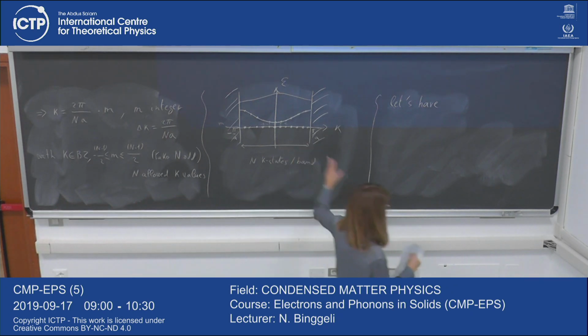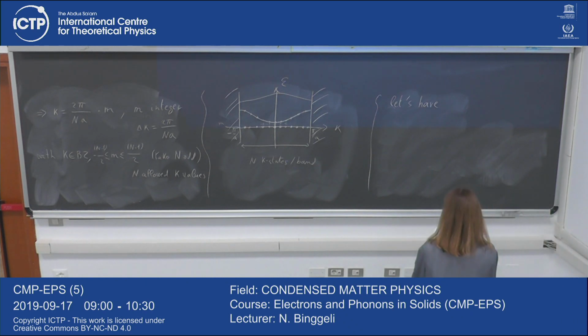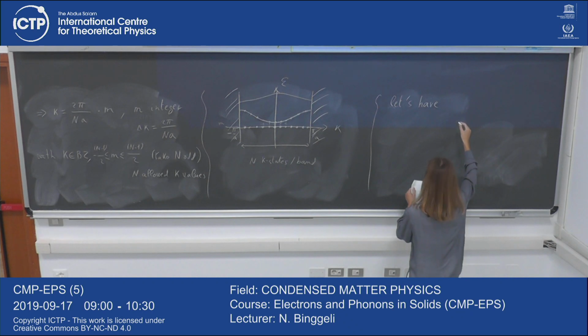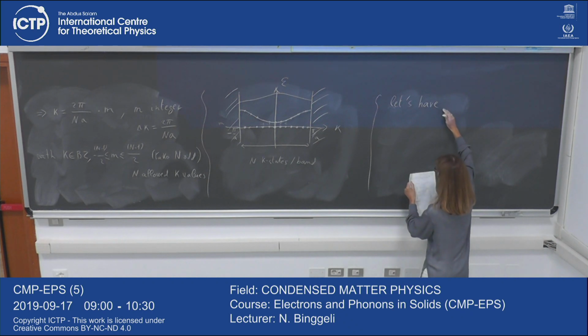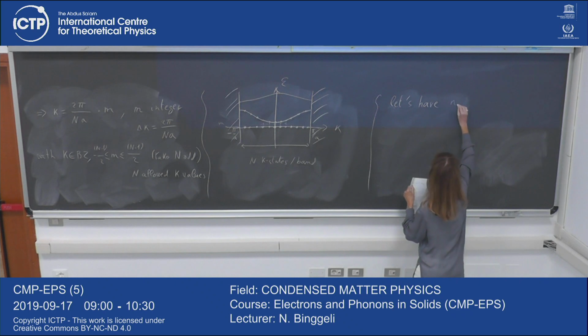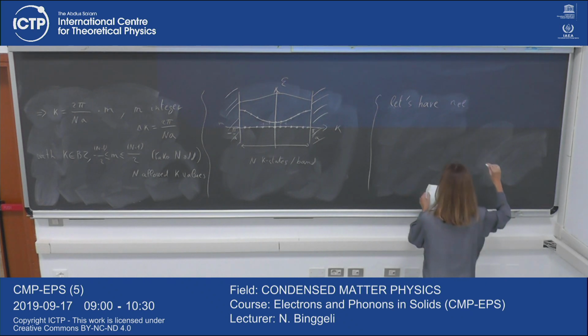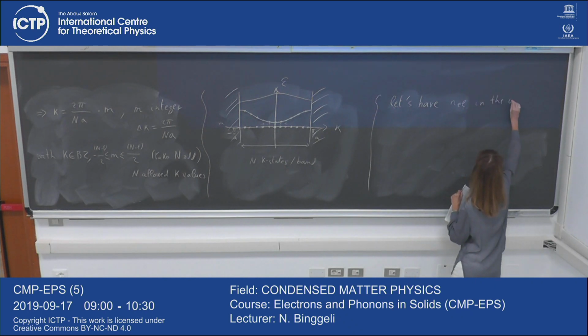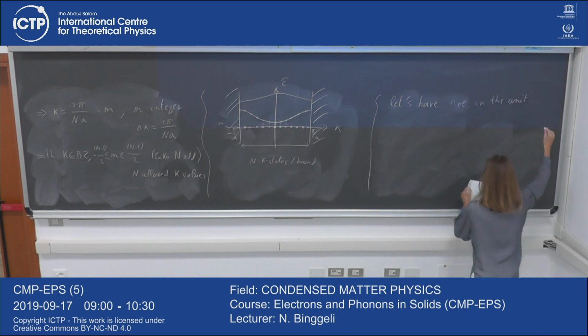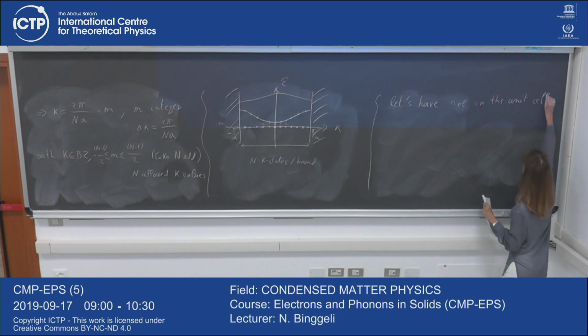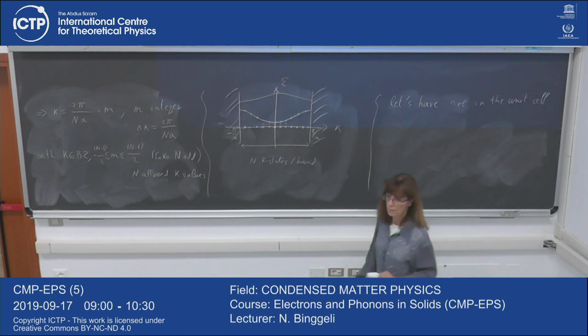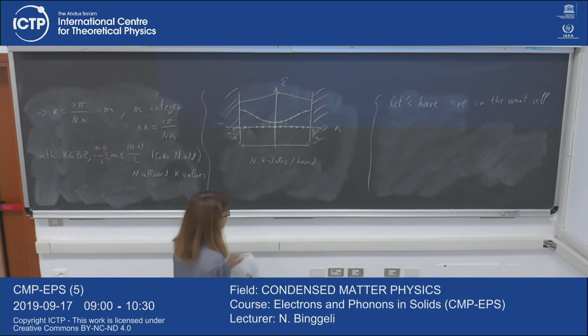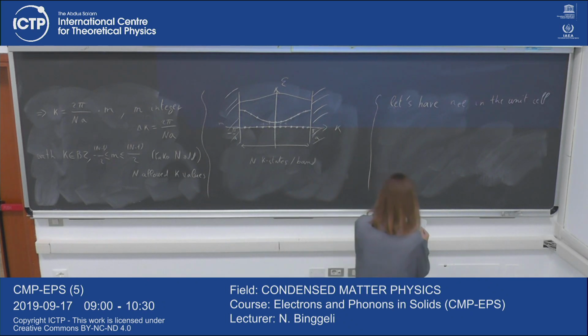Okay, so here it's just for the filling purpose. So let's consider n electrons. We consider we have n electrons in the unit cell. And this depends on the chemistry, which kind of atoms you have in the unit cell.